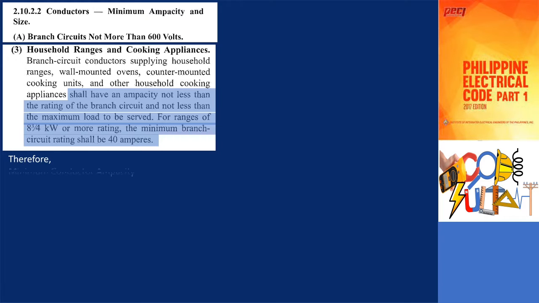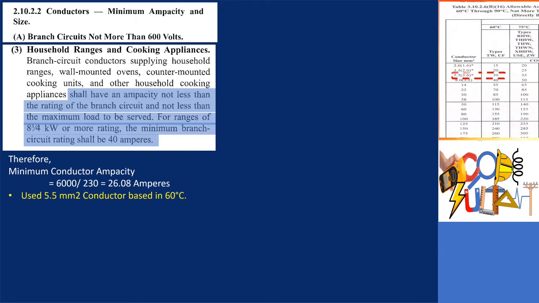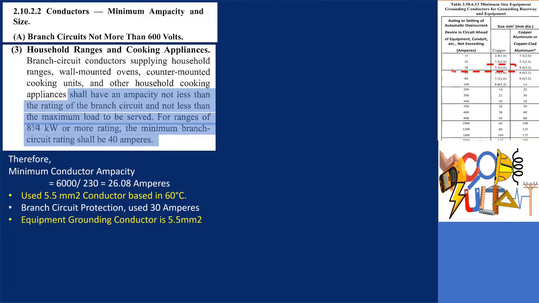Since the rating of the electric range is 6,000 volt amperes, the minimum ampacity of the conductor shall be 26.08 amperes. According to table 3.10.2.6b16, the suitable conductor size is 5.5 square millimeters. Use 30 amperes for branch circuit protection and 5.5 square millimeter for equipment grounding conductor.